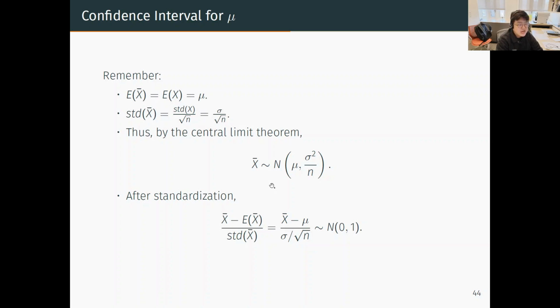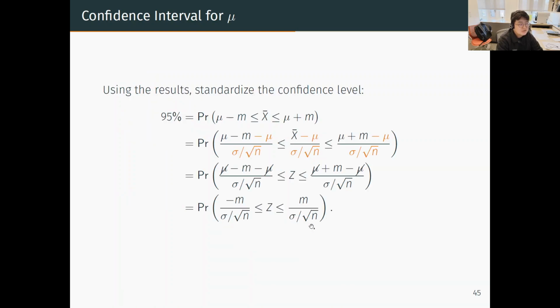We use that for standardization: subtract the mean, divide by the standard deviation, right? When you subtract the mean, the mu's are canceled out and you get in the end something like this. Okay? So we standardized X bar to a standard normal distribution.